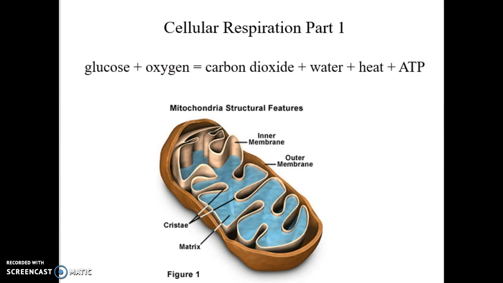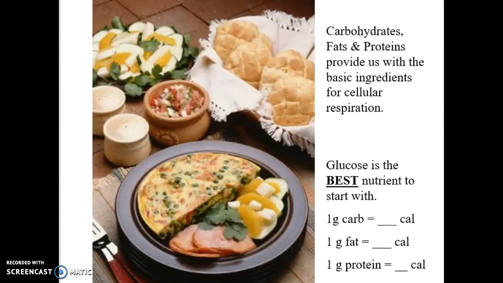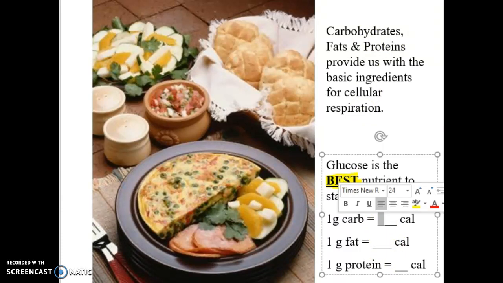Okay, now the key ingredient to start with is glucose. Glucose is the best. Ideally, we want glucose because it returns the most energy, it's the easiest, the best, most efficient. Now, if we are eating a carbohydrate, if you guys hopefully remember this from the food chapter, carbohydrates give us 4 calories of energy for every gram of carbohydrate.